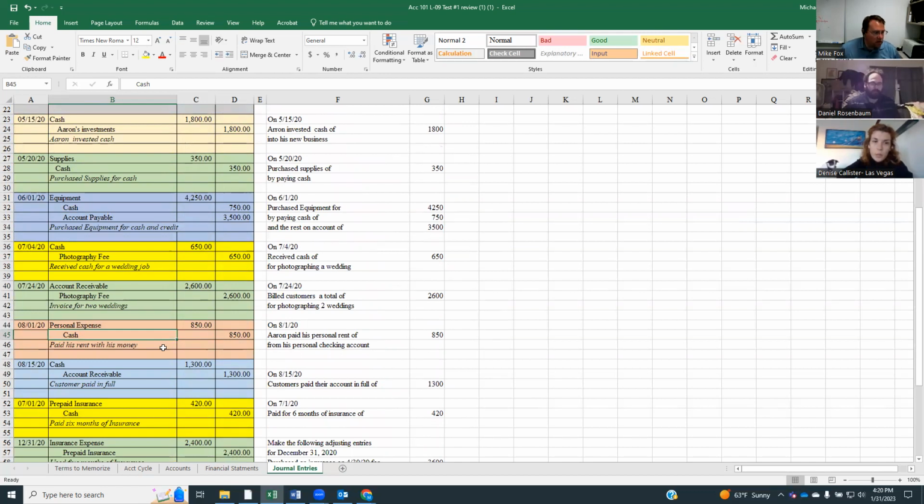So I just want to make sure that it makes sense, because it doesn't have anything to do with the business, right? It doesn't use any drawings. Is it saying he's paying for his own personal rent? Yeah, it says paid his personal rent from his personal checking account.